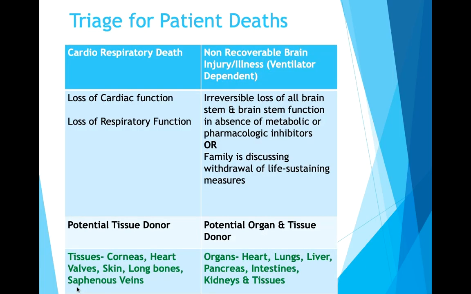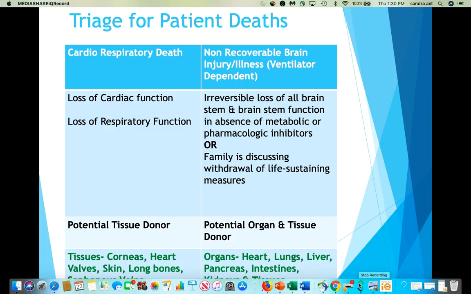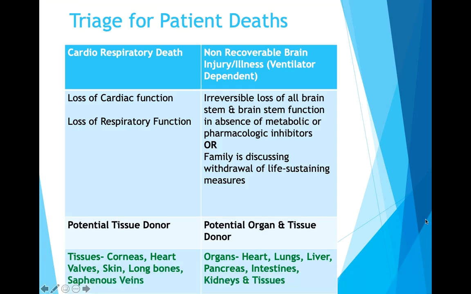So let's talk about triage for patient death. A patient that has cardiorespiratory death, so they have a loss of cardiac function or a loss of respiratory function, can be a potential tissue donor. The tissues that are available to be donated are your corneas, so able to give someone sight, heart valves for transplant, skin.